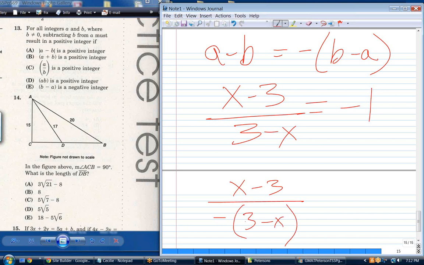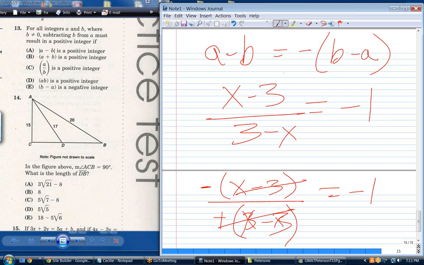If I multiply the top and bottom by minus 1, I get the negative sign in the numerator, but I know that 3 minus x is equal to the same thing as negative x minus 3. So now if I switch that, I cross those off, and I'm left with a negative sign.